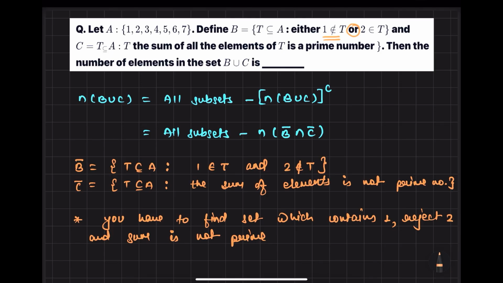So this is B bar intersection C bar. So you have to take care of this line. I hope till this part you guys are okay.